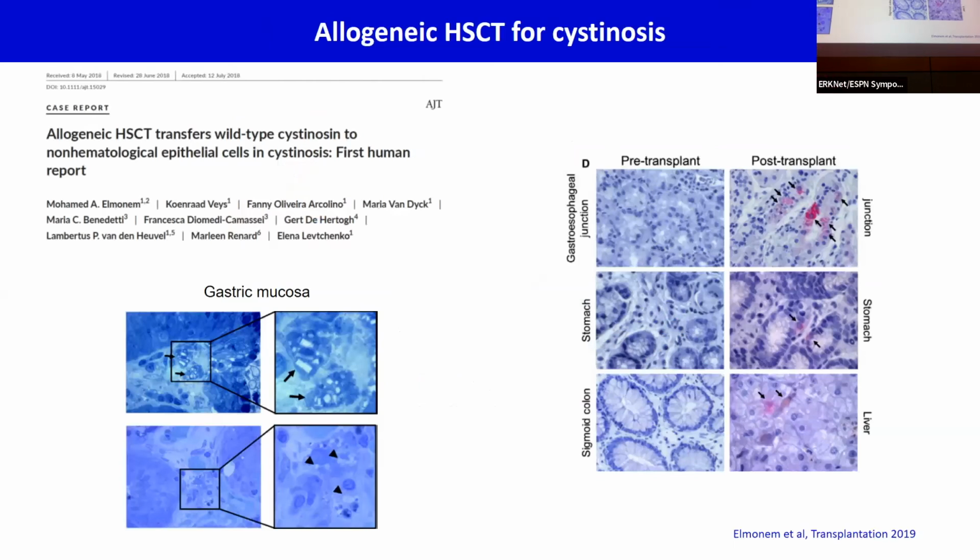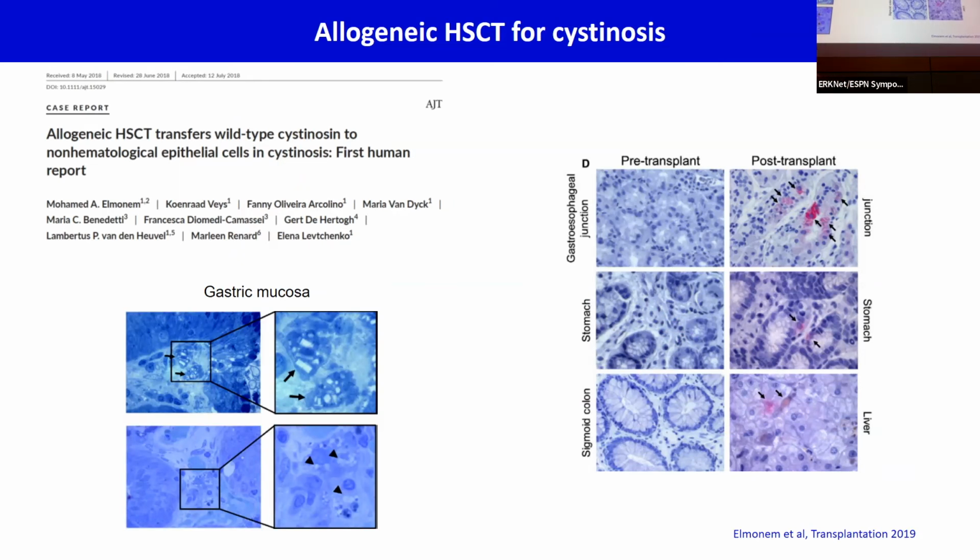transplantation was actually performed in Louvain by the team, again, of Elena Levchenko. And unfortunately, this was an allogeneic hematopoietic stem cell transplantation from an HLA identical donor. The patient developed a very severe graft versus host disease, graft failure, and eventually passed away after 2 years.